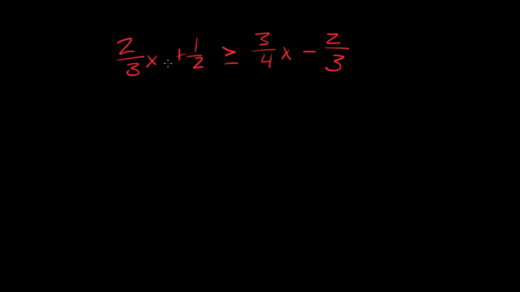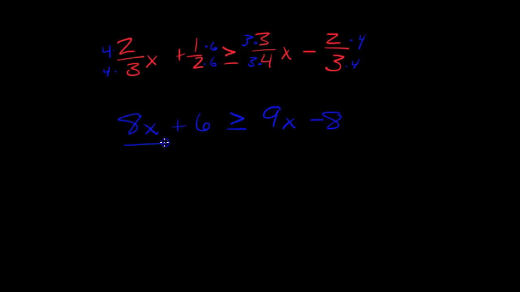Common denominator here would be 12. So we would make these changes. We would multiply by 4, multiply by 6, multiply by 3, multiply by 4. So we get 8x plus 6 greater than or equal to 9x minus 8, and all of these are over 12.